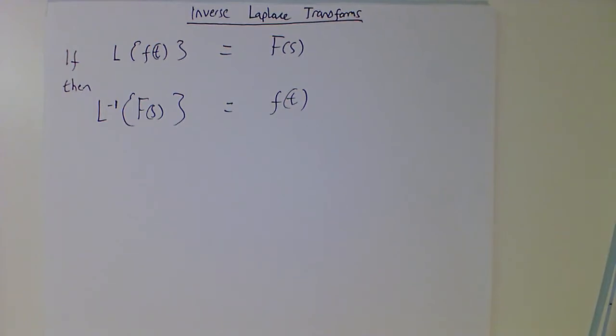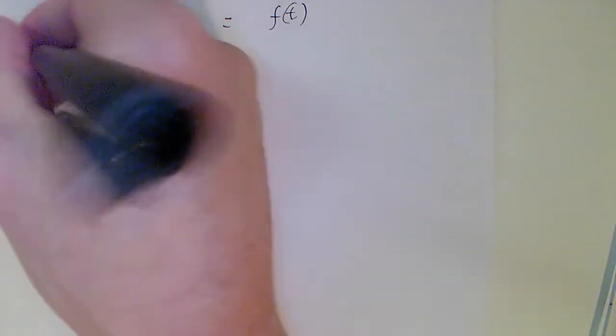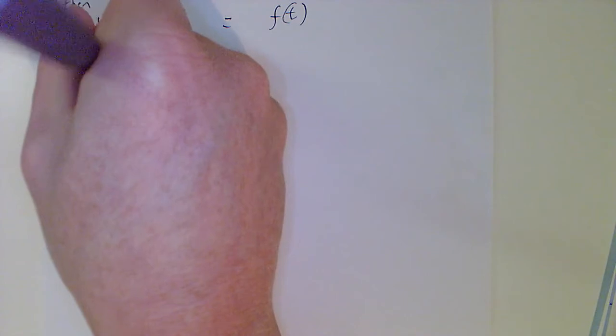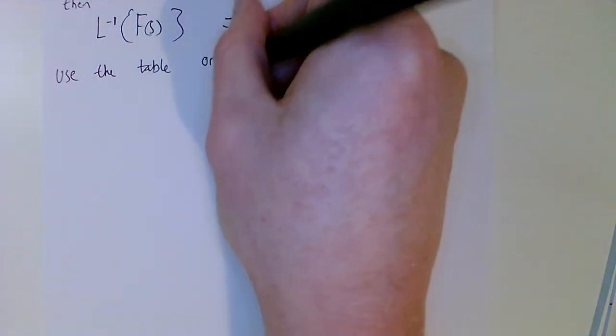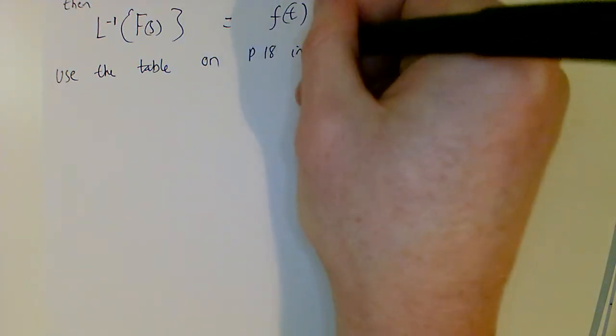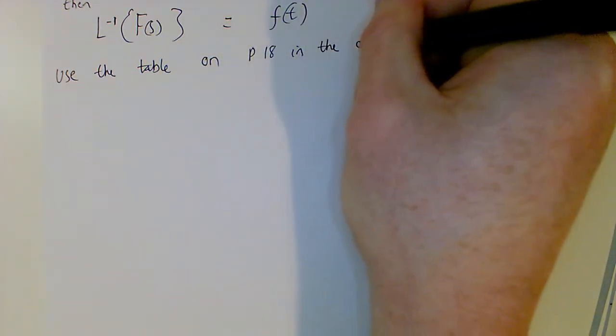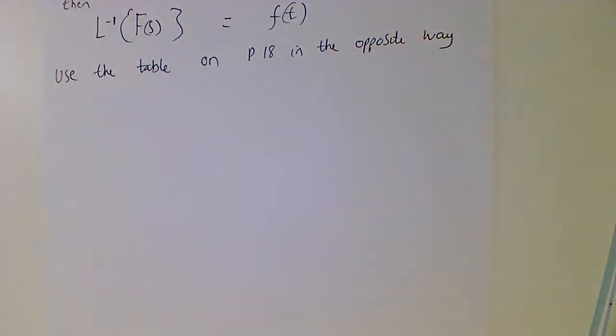You can tell something's been Laplace transformed already if it's F of s. You can tell something hasn't been Laplace transformed if it's t or x or whatever. Now, to do this, we are going to use the table on page number 18 in the opposite way.